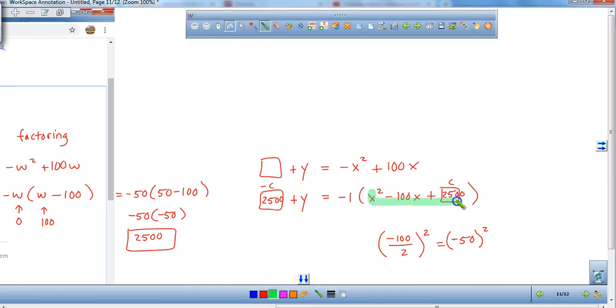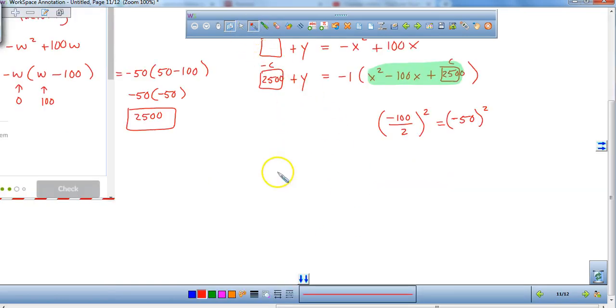And when I finish completing the square, I'm done there, so I'm going to factor this. So here's what I'm left with. 2500 plus y equals negative 1 parentheses, and this factors to x minus 50 squared.